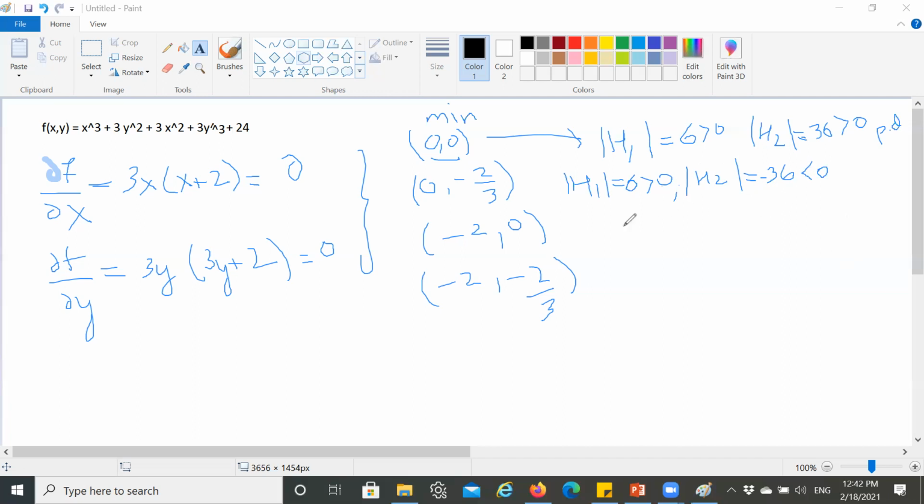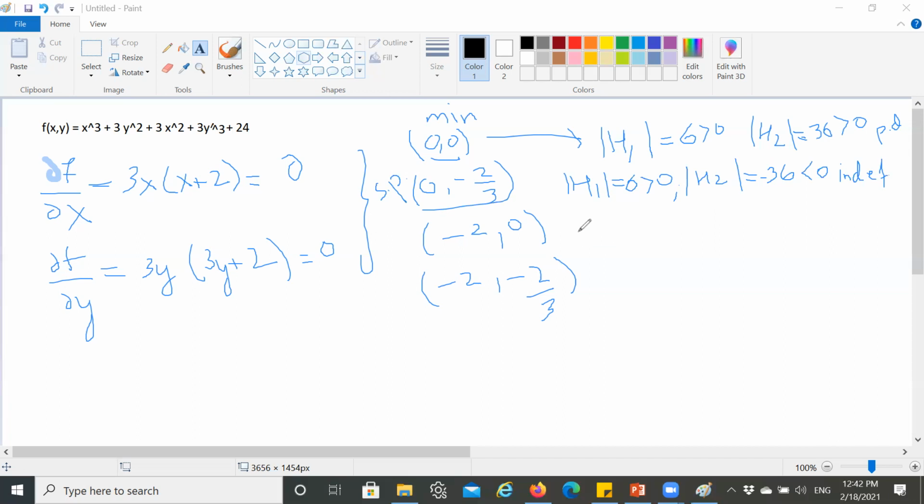So which condition is this? What type of matrix is it? Indefinite. Good. When it's indefinite, this is a saddle point.